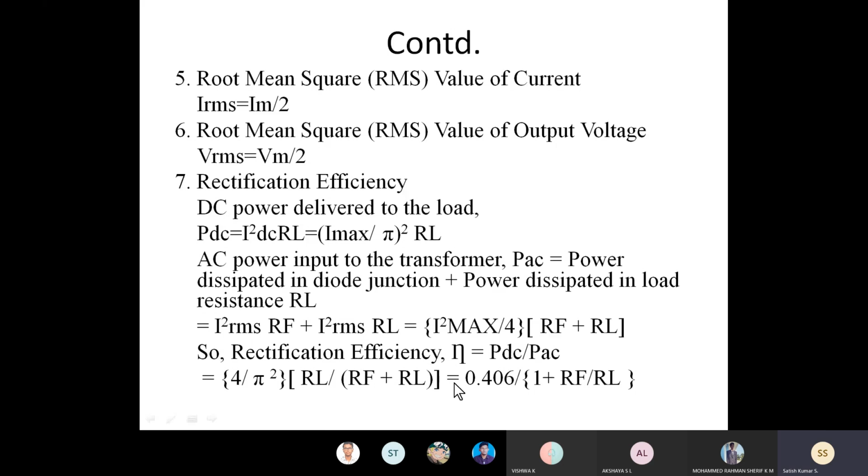So you will get the final rectification efficiency of only 40.6% roughly. You get nearly 40% efficiency for a half-wave rectifier, so we won't prefer this kind of rectifier for our applications.